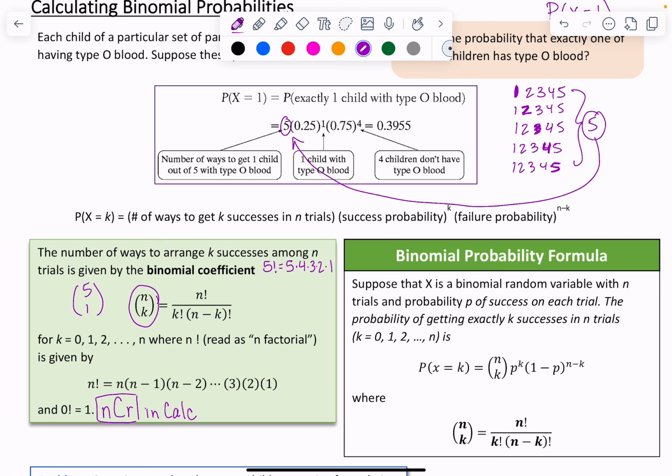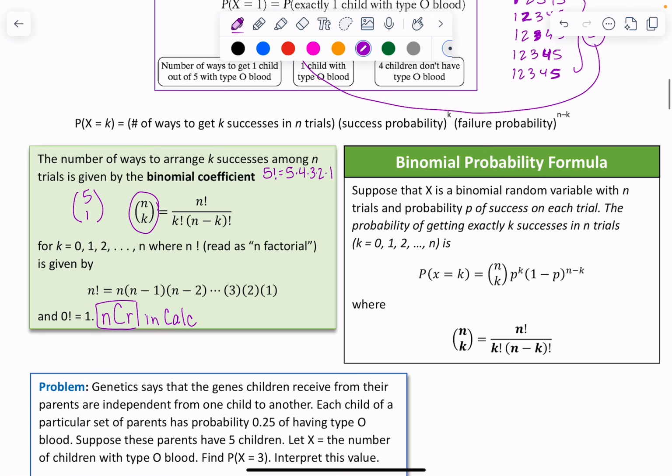In order to access it in your calculator, you need to press the math button, move over to where it says probability, like where we used to get randInt from. And then you're gonna press number 3, which looks just like that, nCr.